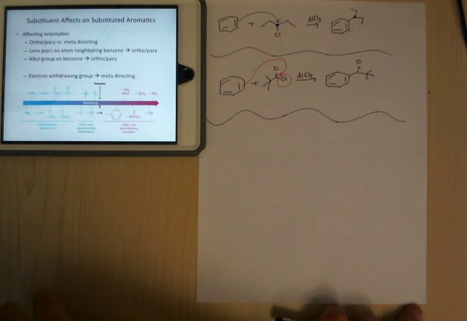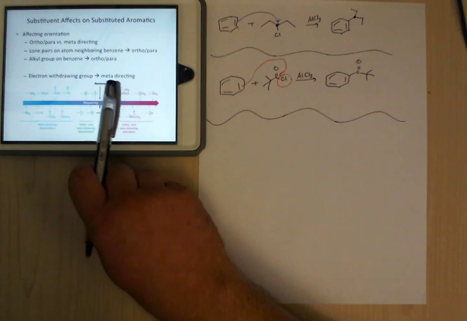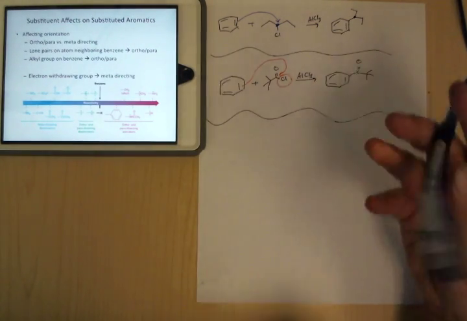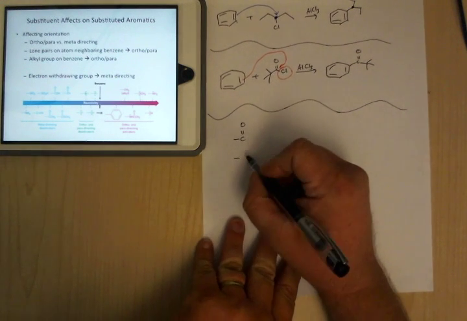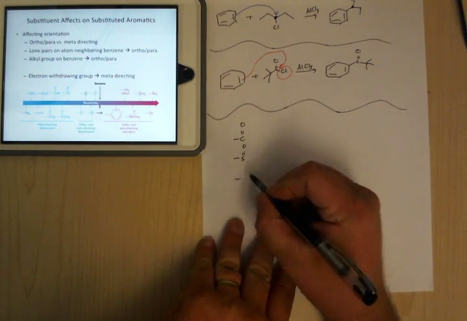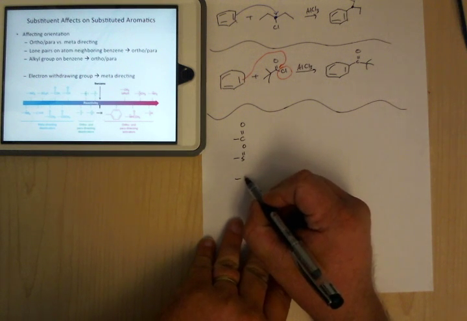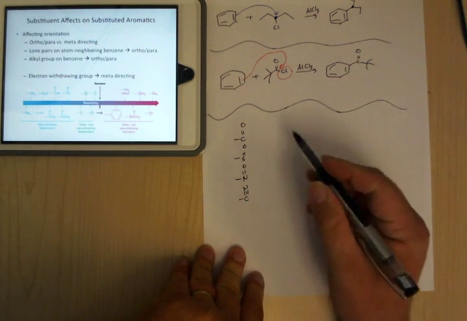In general, electron withdrawing groups are meta-directing, so if you have C double bond O, S double bond O, N double bond O, C triple bond N.